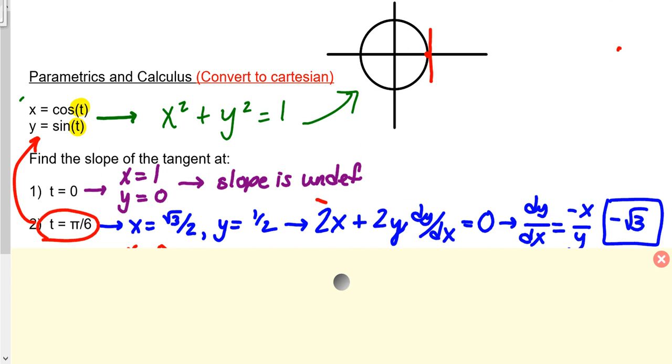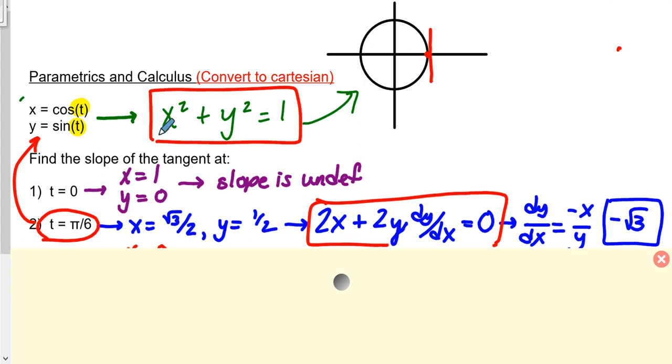This part over here in my writing is from looking at my Cartesian equation and using implicit differentiation. Remember that in our Cartesian system, we think of x as our independent variable and y as our dependent variable, dependent upon x, so that when I'm taking the derivative with respect to x, I need to remember to use chain rule right there.